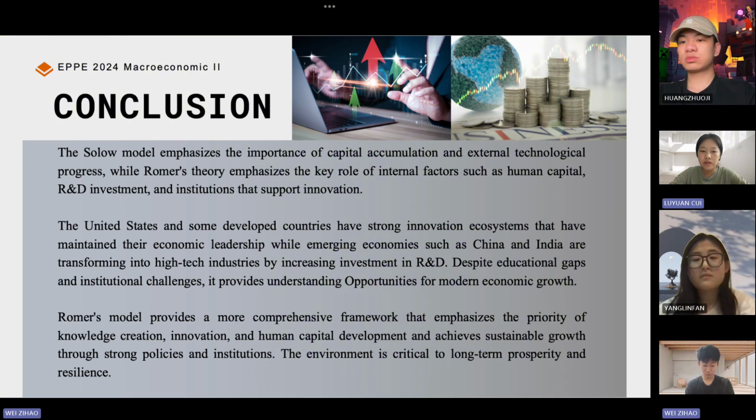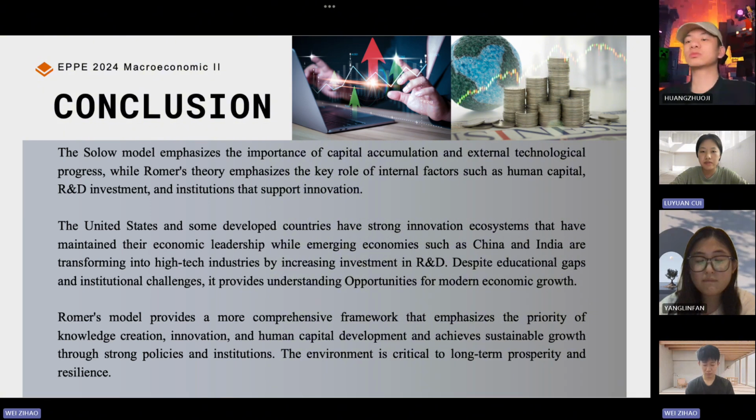The Solow model emphasizes the importance of capital accumulation and exogenous technological progress, while Romer's theory emphasizes the key roles of internal factors such as human capital, R&D investment, and institutions that support innovation.